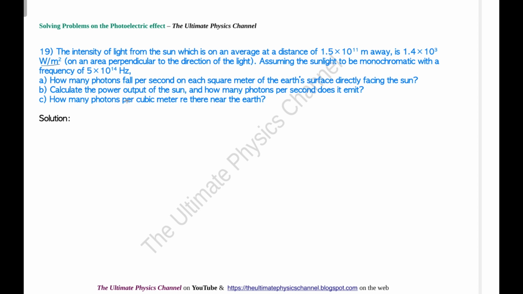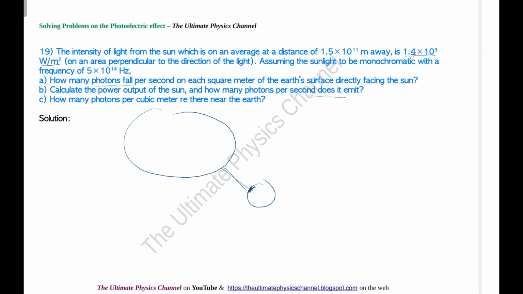Calculate the power output of the sun and how many photons per second does it emit. So here, how many photons are falling per second on Earth. So we have Earth here, sun, let's say, and over a small area, the rate at which the energy is received is given here over an area.